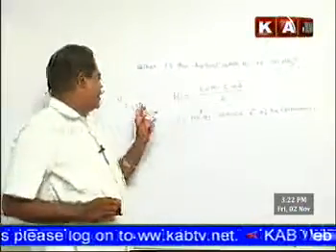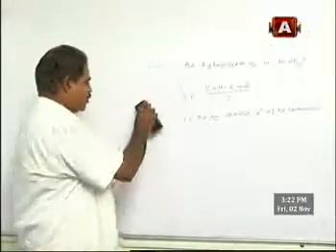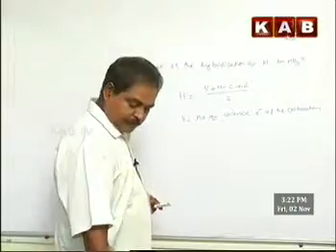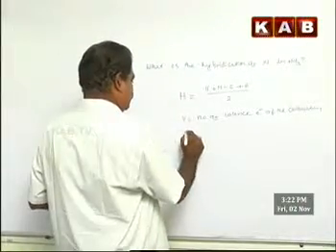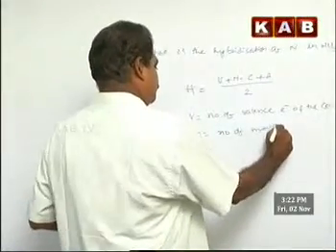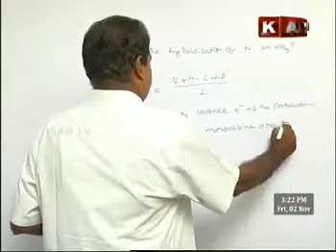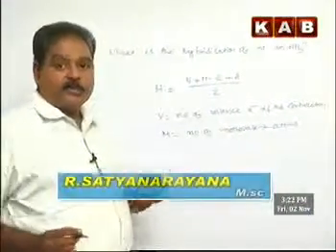So V is 5 for nitrogen, and M is the number of monovalent atoms, meaning atoms which are forming just one bond.